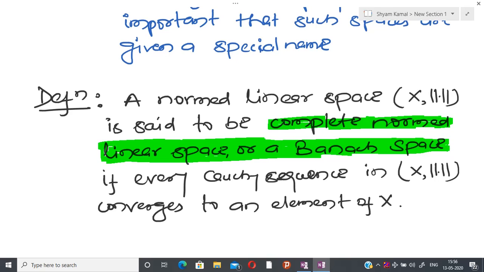And if some normed linear space is not complete, it is possible to show that by adding some elements I can make it a complete space, that is, a Banach space. That is another area of mathematics, where we talk about how to complete an incomplete normed linear space.